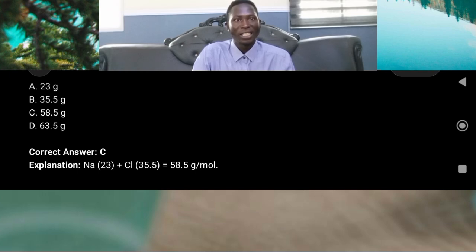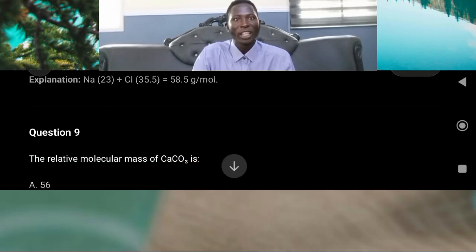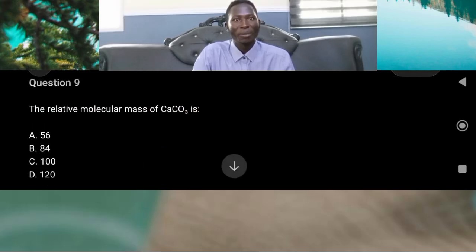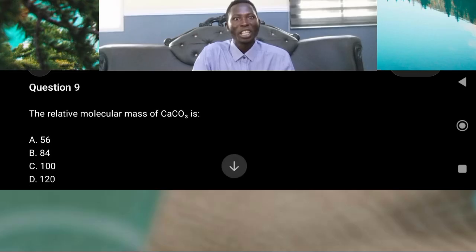Now let's move to the next question, which is question 9. Question 9 says that the relative molecular mass of calcium carbonate is: A, 56; B, 84; C, 100; and D, 120. So what is the correct answer of this question?